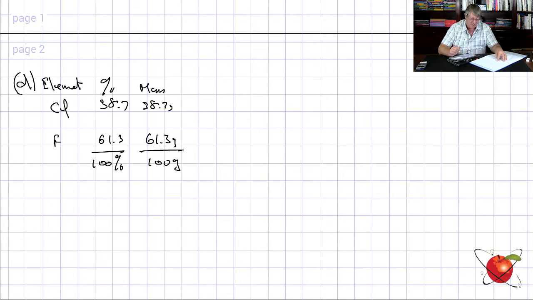Like that, right? Then the next step is to find the molar mass, which is going to be 35.5, and it's always grams per mole, and fluorine 19 grams per mole, right? Divide. We get 1.09, and over here 3.2. Okay?